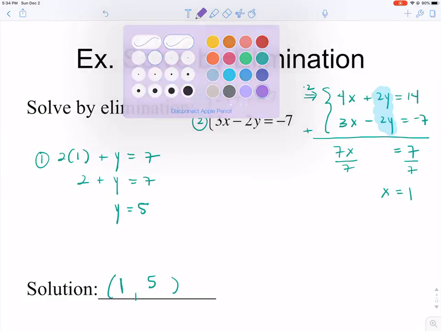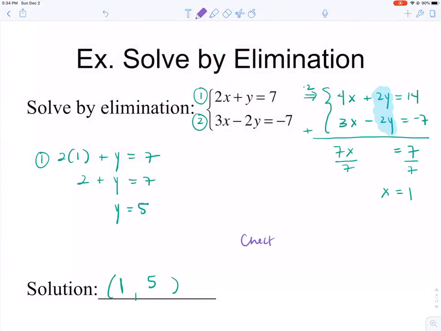And then let's go ahead and check. So checking in the first equation, we get 7 equals 7. That works. And then let's check in the second equation as well.